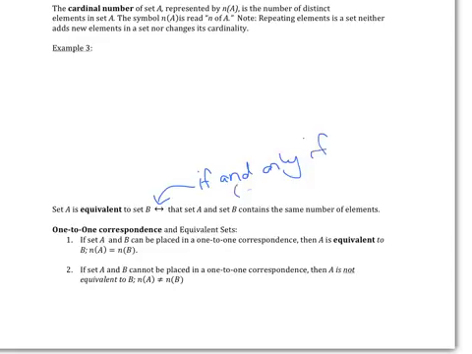You can think of it as a definition: set A is equivalent to set B if and only if sets A and B contain the same number of elements.